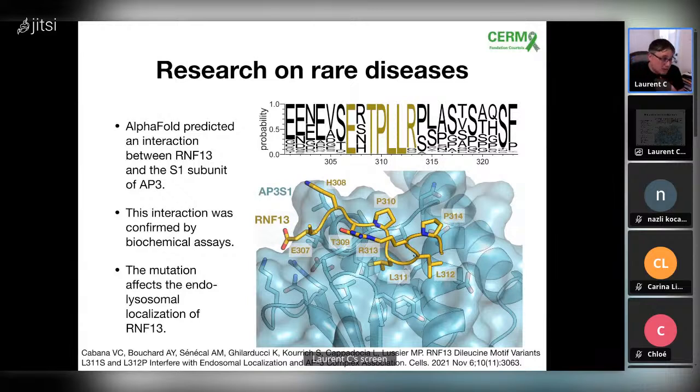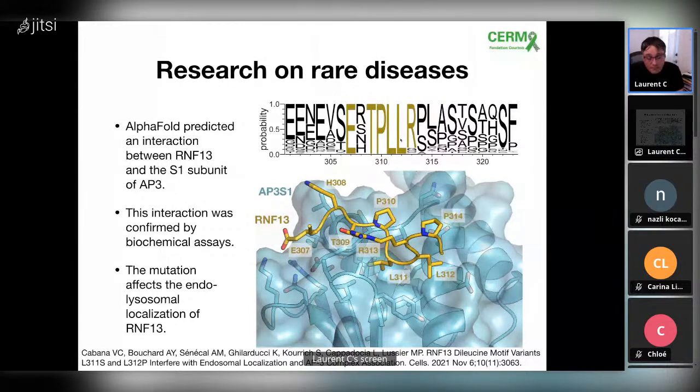And what's interesting is that in this complex, those two leucine residues of RNF13 are interacting with AP3S1. The structure that we obtained explains beautifully the conservation of those residues in RNF13.